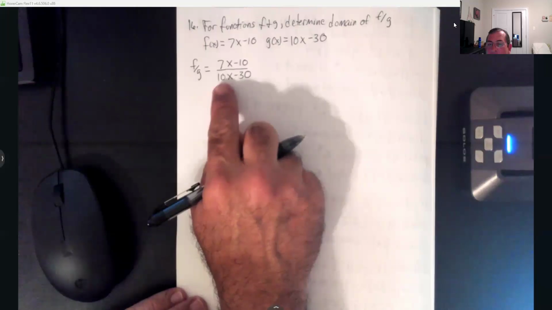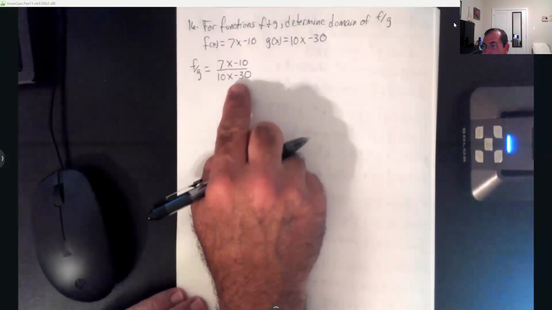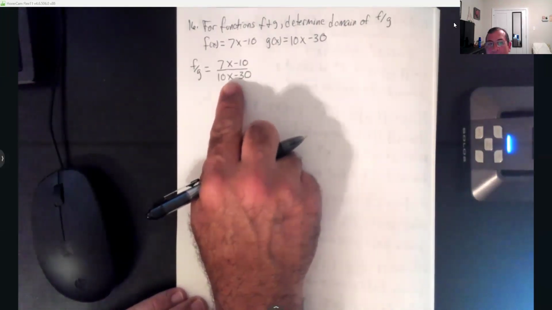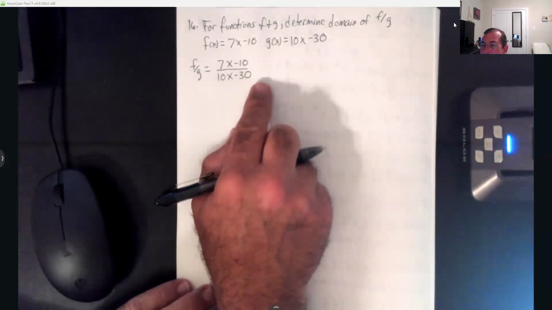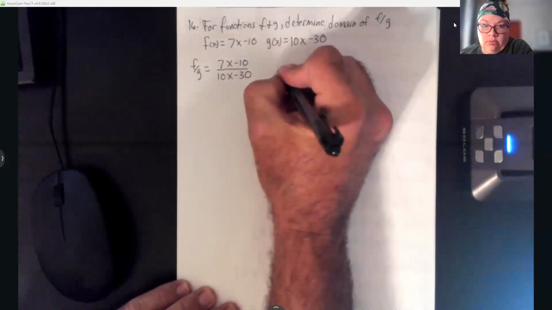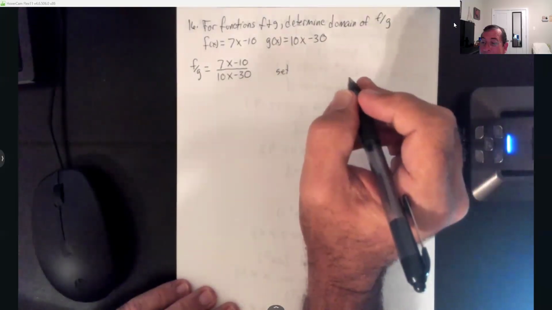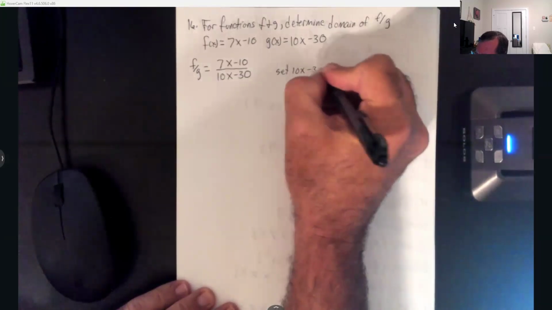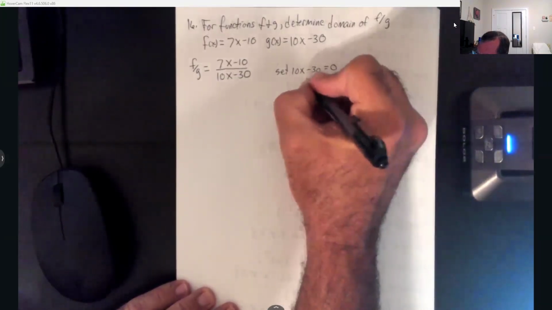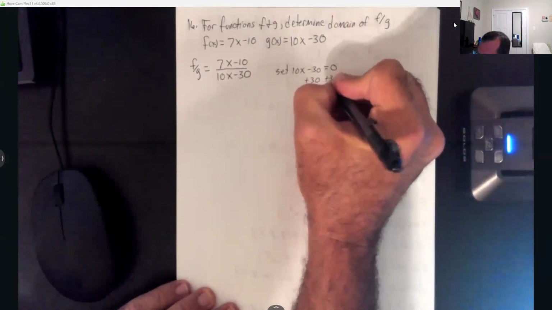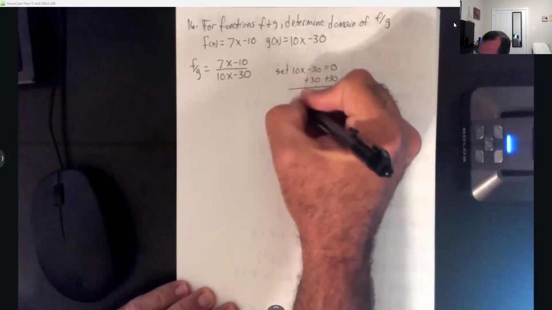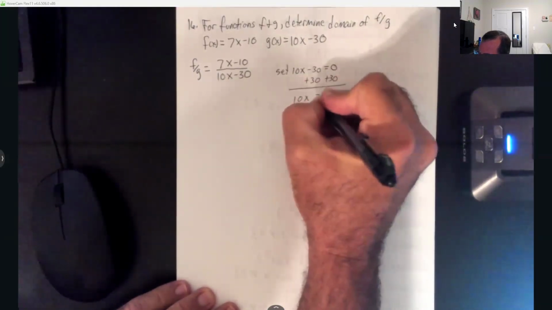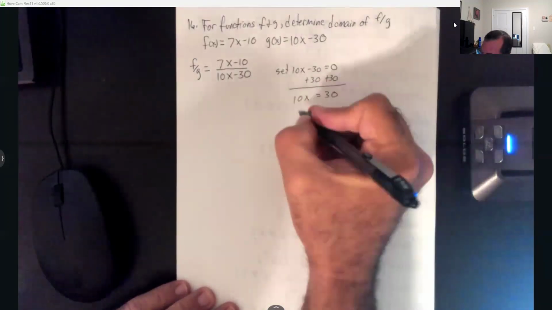Now, you have a denominator here. So you can either figure out what number that can't be, or you can set it equal to 0 and get that number. It looks like it's going to be 3. And when you solve it, you'll see that it gives you 3, because you add 30 and get 10x equals 30, and then divide by 10.